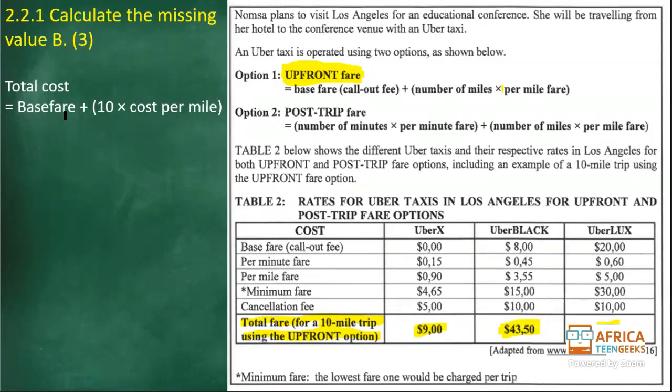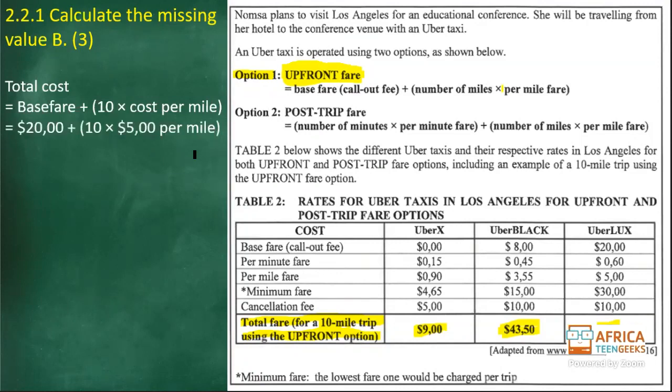That is why the formula here is base fare plus 10 multiplied by cost per mile, based on the formula in option 1. So we're basically substituting using the formula in option 1. You've calculated it already. Thank you, Lisedi.